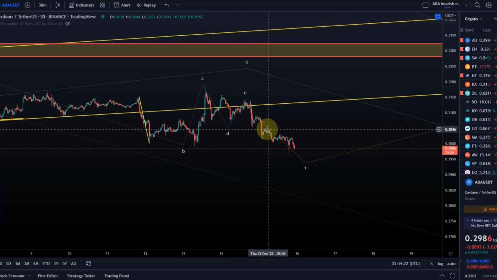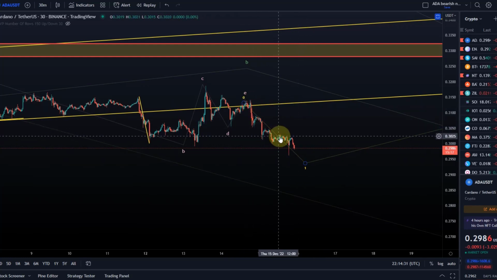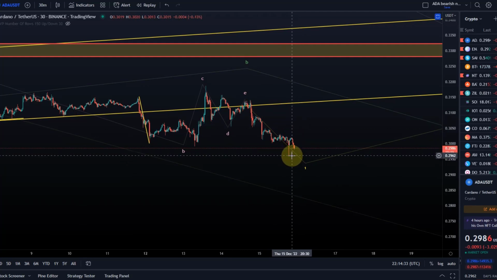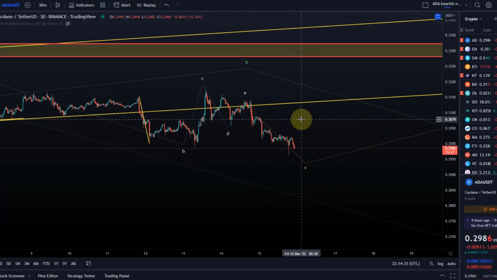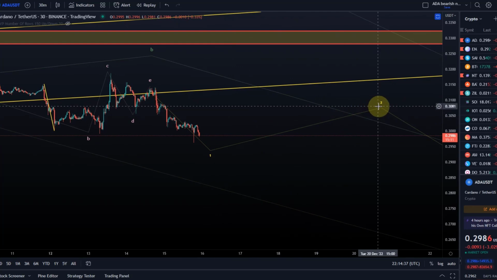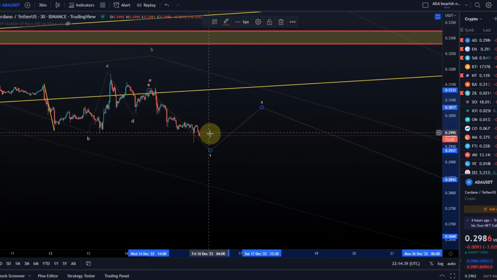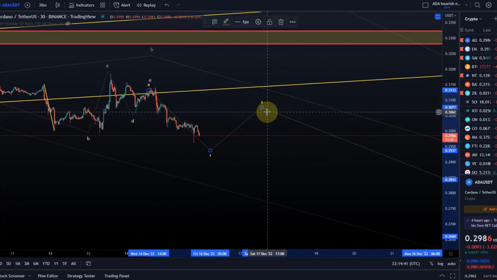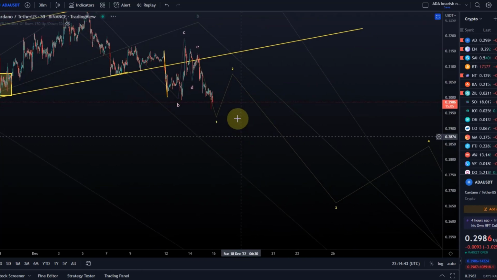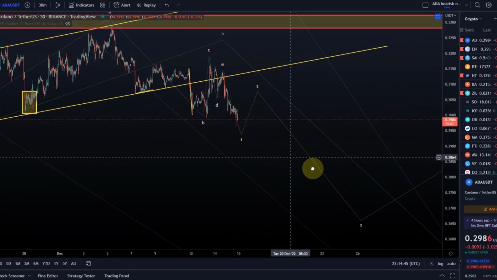Then we've got maybe here another small 1-2. But this looks rather like a diagonal, the whole thing. So we just need to wait for a reversal signal. As soon as we see some kind of a retracement, it is probably the wave 2. And as soon as we've got that running, we can define a target for the wave 2. And then wave 3 could be shorted to the downside.